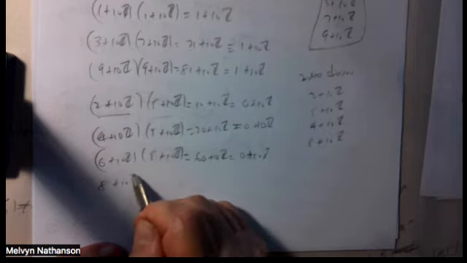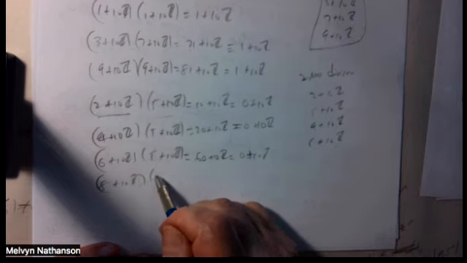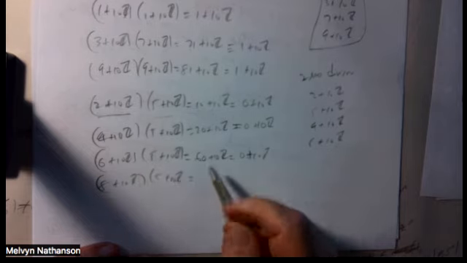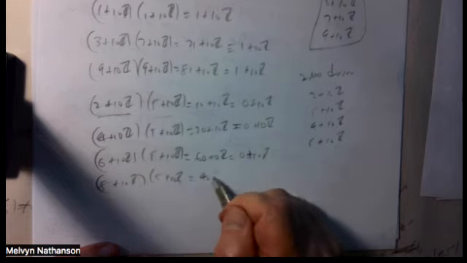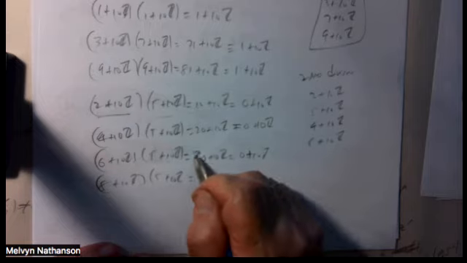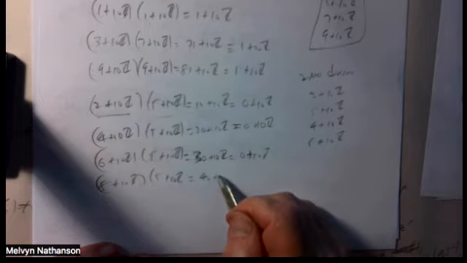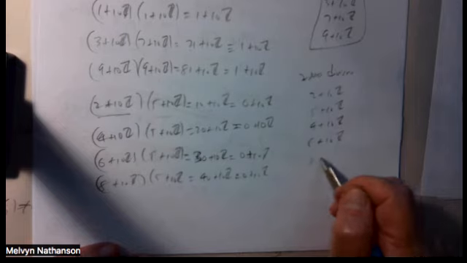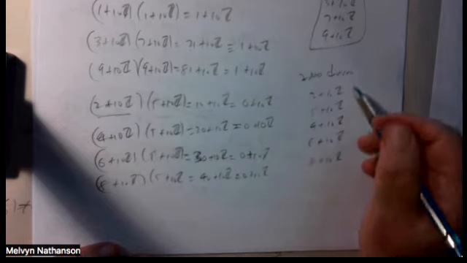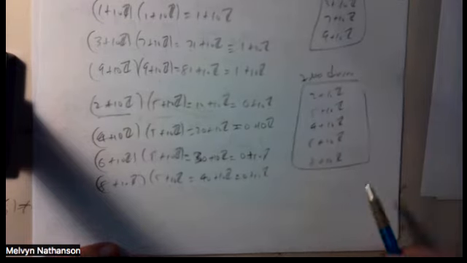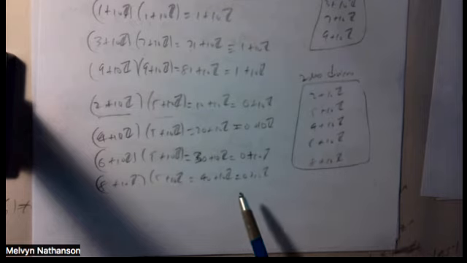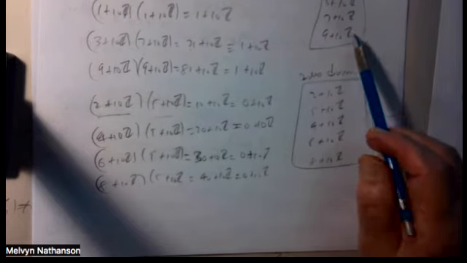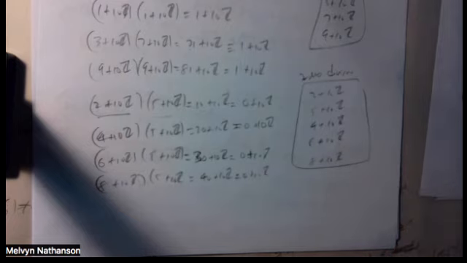And 8 plus 10Z times 5 plus 10Z is 40 plus 10Z, which is 0 plus 10Z. So 8 plus 10Z too. So these are the zero divisors. There are only nine non-zero elements in this ring. 4 of them are units, and 5 of them, everything else that's non-zero, is a zero divisor.